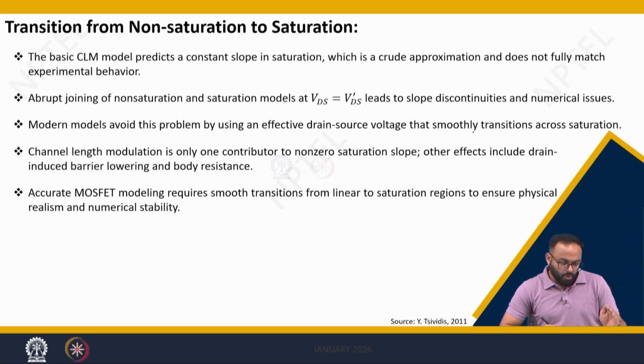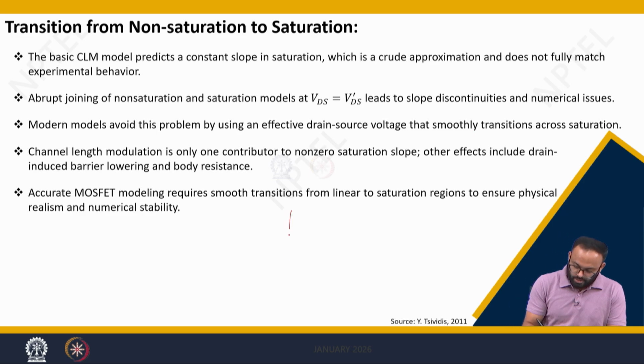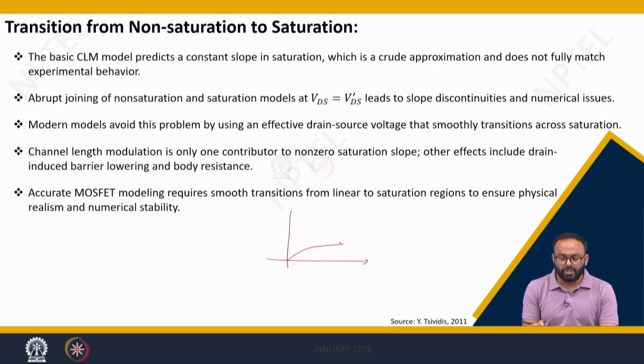Now, what will happen when you go from non-saturation to saturation, incorporating the channel length modulation? As we have already discussed when we were discussing velocity saturation, the transition from non-saturation to saturation is very smooth.